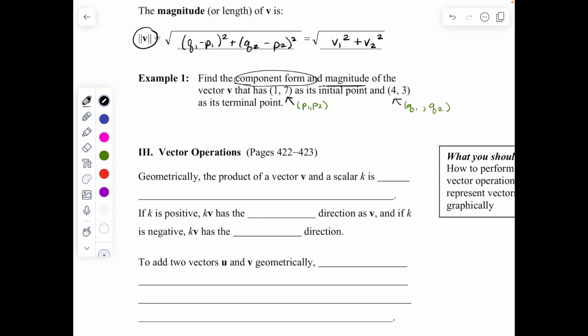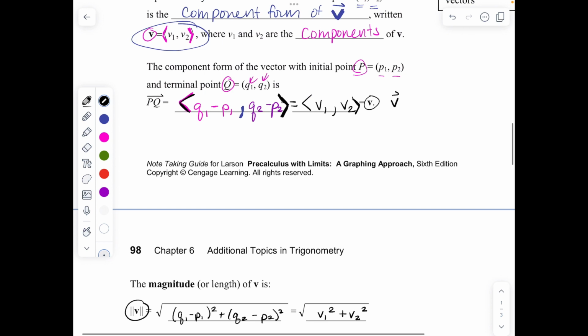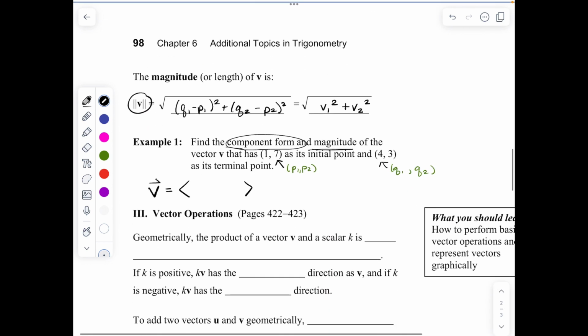We're going to say vector v equals the component form, just like up here, Q1 minus P1, the x values, comma, Q2 minus P2, which simplifies right here. 4 minus 1 is just 3, and 3 minus 7 is negative 4.